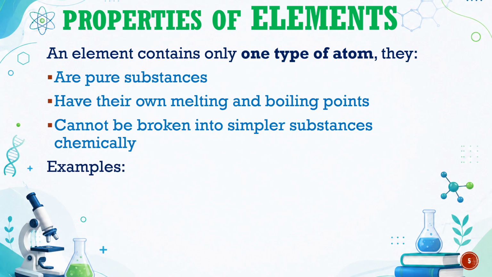They have their own individual melting and boiling points. And they cannot be broken into simpler substances chemically, because they are made up of only one type of atom. Examples of pure elements are gold, oxygen, or carbon.